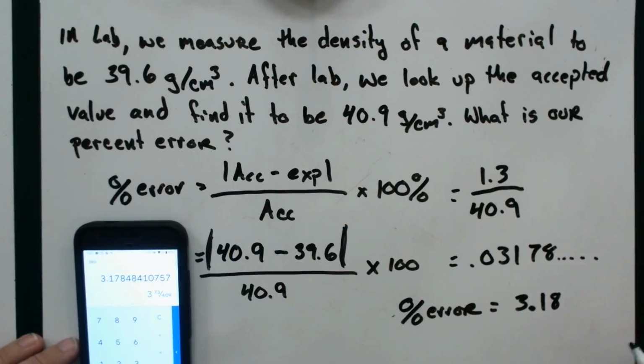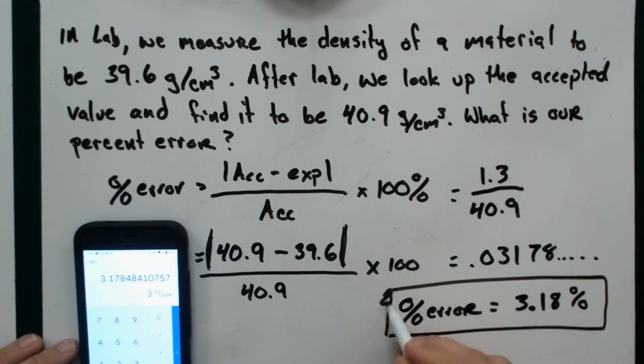Again, I want you to round to 2 decimal places. Since it is a percentage, we put the percent symbol as our unit. So 3.18%. That is our percent error for this problem.